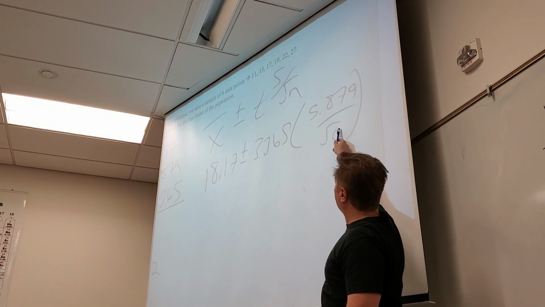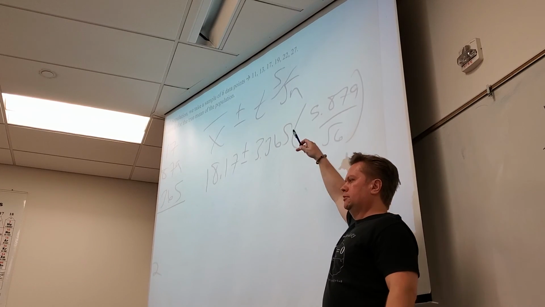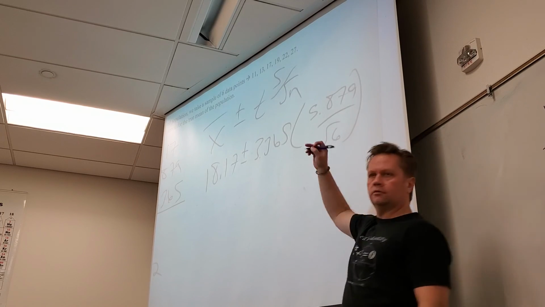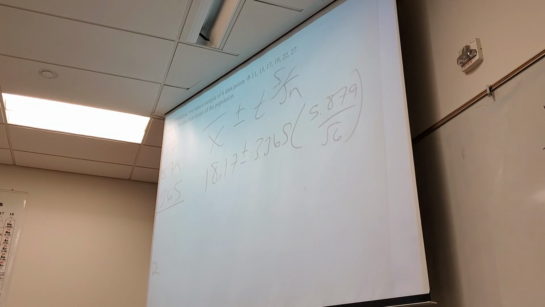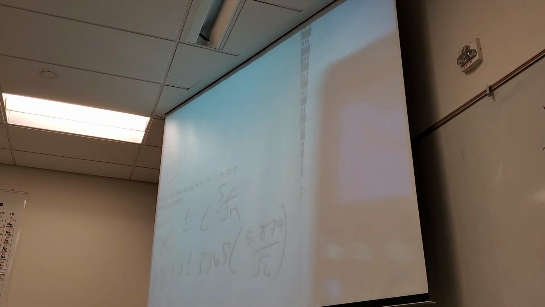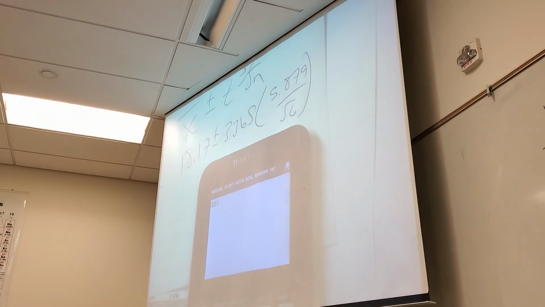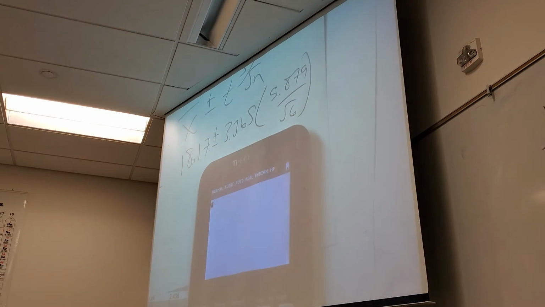One mistake people make is they put the degrees of freedom here. Just, no, don't do that. It's got to be N here. I know, nobody wants to ask a question because you're like, this is the last problem, let's get out of here. 3.365 times, got it.